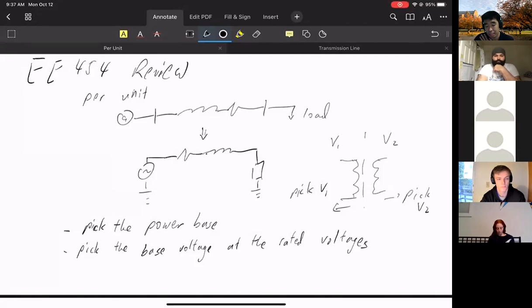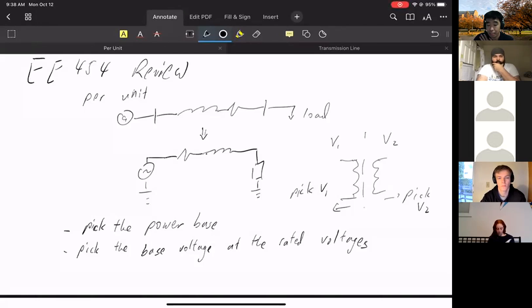Is it the series impedance for the transformer? So we need to find the Z2 for it? No, this is already referred to the primary.